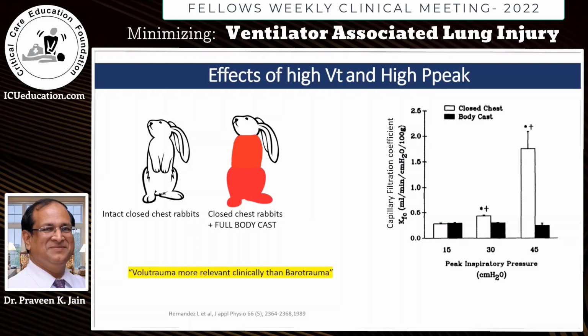But in intact closed chest rabbits with increasing peak inspiratory pressure, the lung volumes increased and also the evidence for lung damage increased. He rightly concluded that volutrauma is more relevant than the term barotrauma.